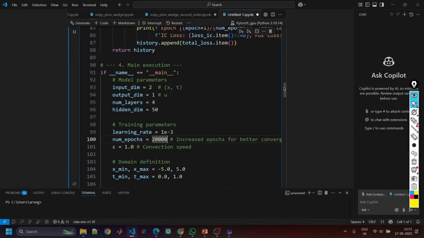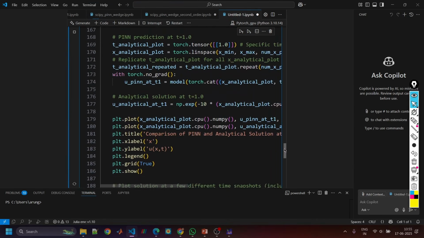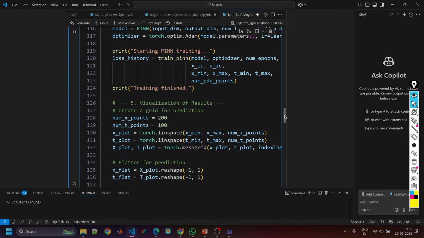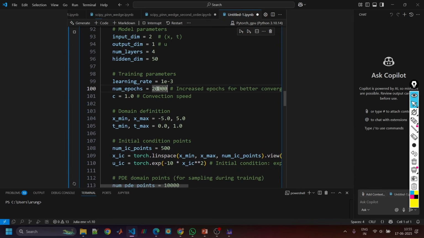Let's see how many iterations it has completed. It has completed only 5000 iterations. We shall reduce it to 5000. Maybe we shall pause it and rerun it.